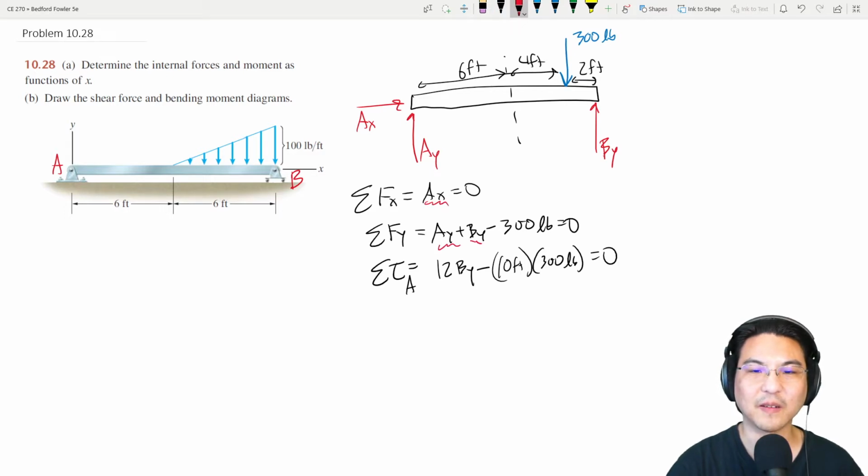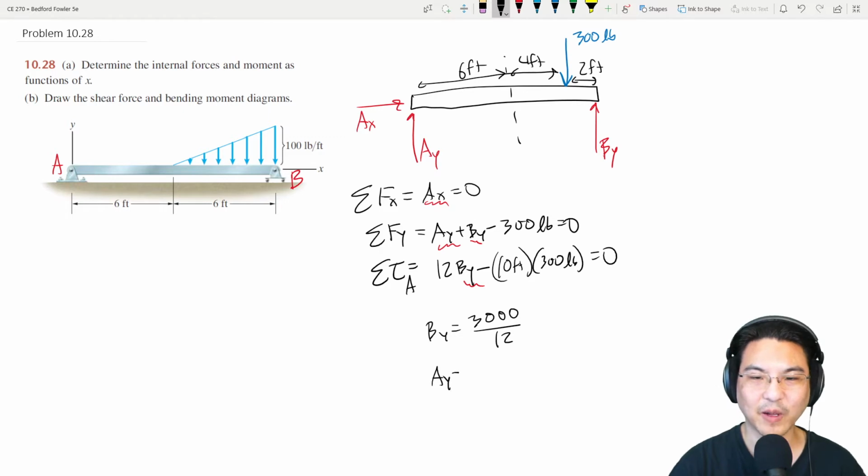Here, here, here, here. AX is 0. Solve this for BY. 3,000 over 12. And then plug that value in right here. AY is 300 minus that.